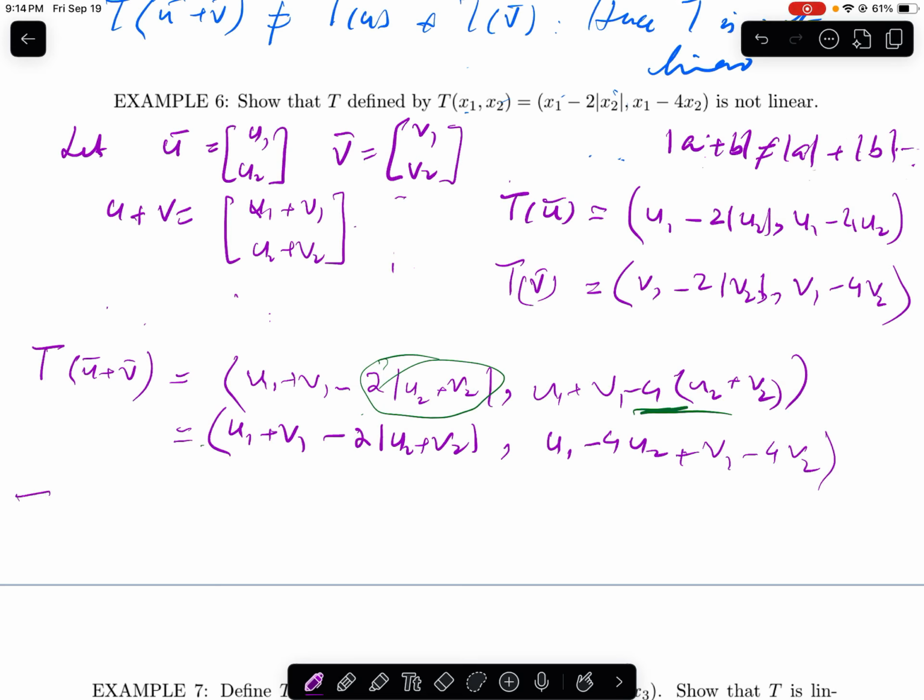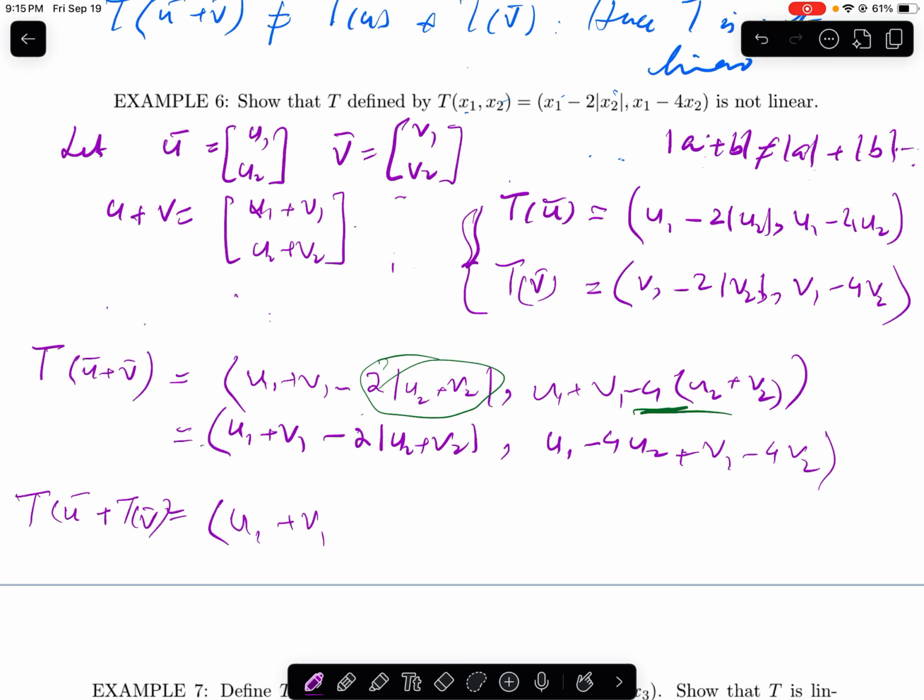And when I add these two, T of u plus T of v, from there, actually I'll skip one step: we are adding these two, so the corresponding coordinates or terms will be added.